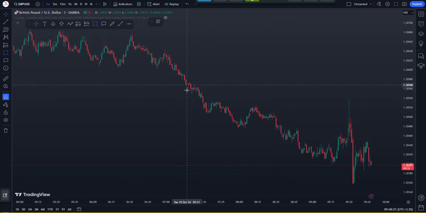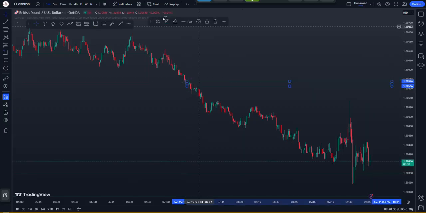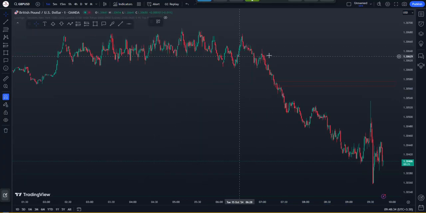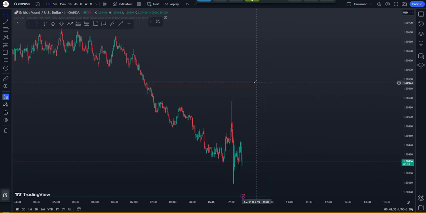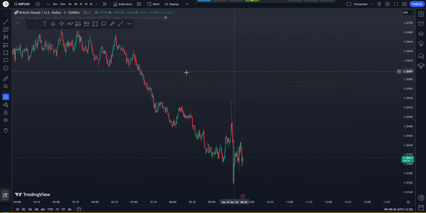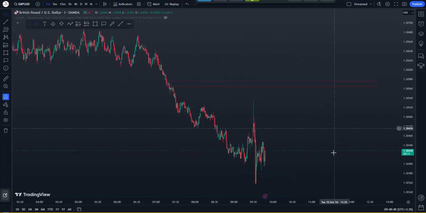Here I draw this level. Okay, if price wants to go up, reaches this level, making some flag limits here, then engulfs that and goes back to the true untouched level.